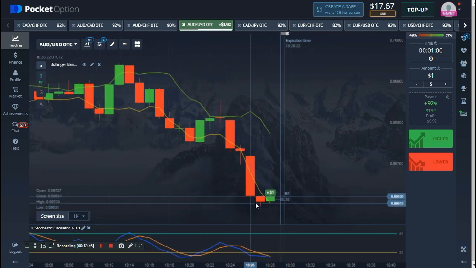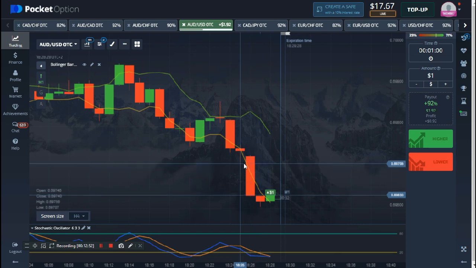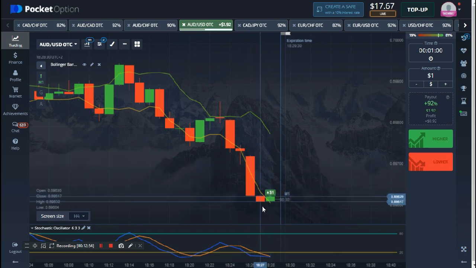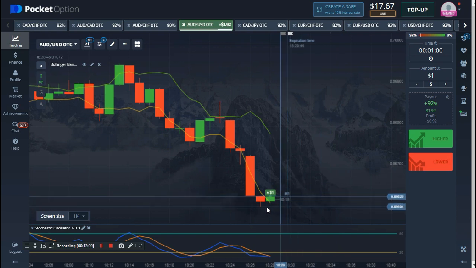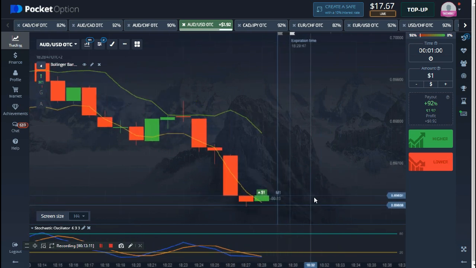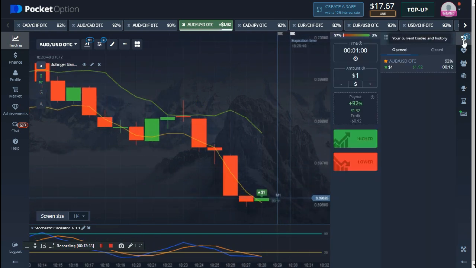The candle should cross the lower line of the Bollinger Band and close away from the line, then I took the trade because there is a 1M reversal here. So that's why I took the trade above for 1M.